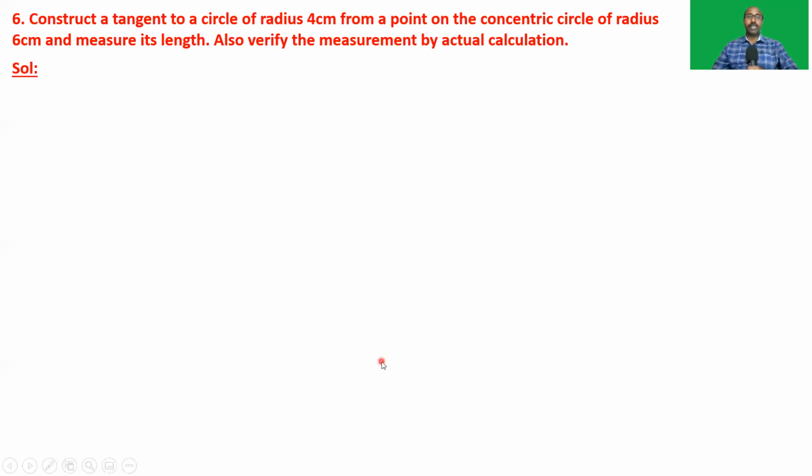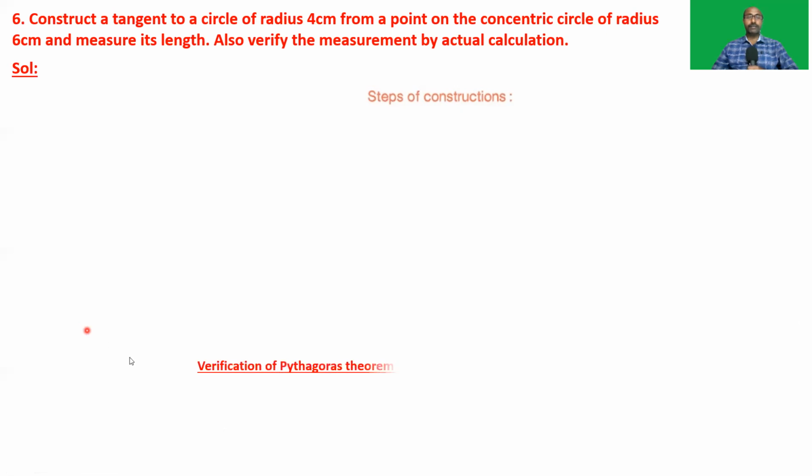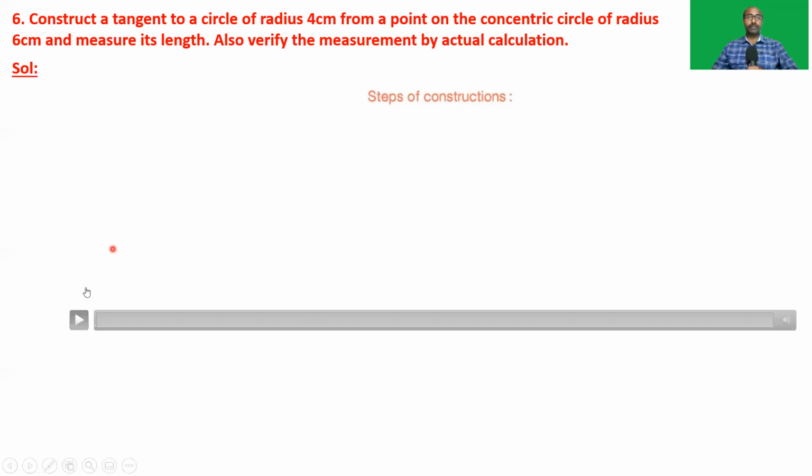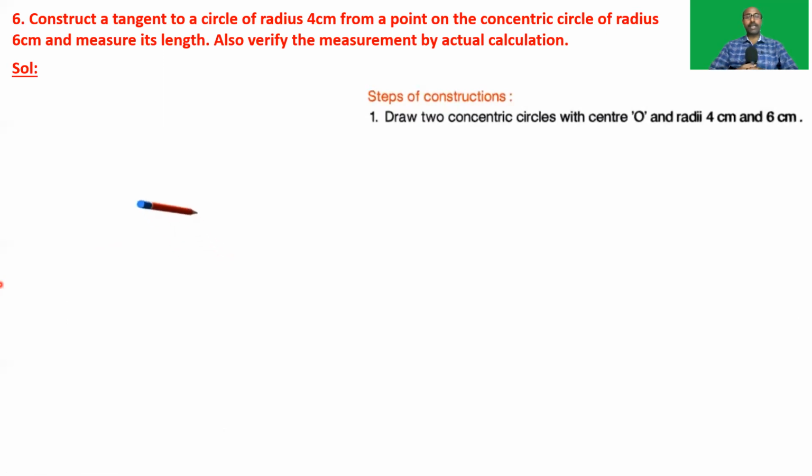Okay, so let us see how to construct the tangents like this. Observe carefully. Here also I am presenting steps of construction on right side of the construction. First, I am drawing a circle of radius 4 centimeter and another circle of radius 6 centimeters with same center.